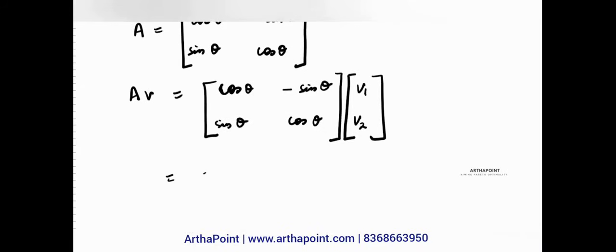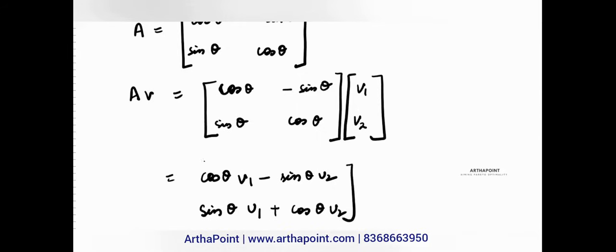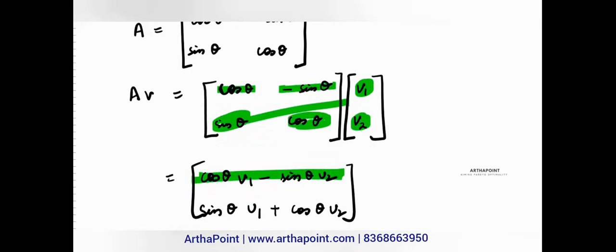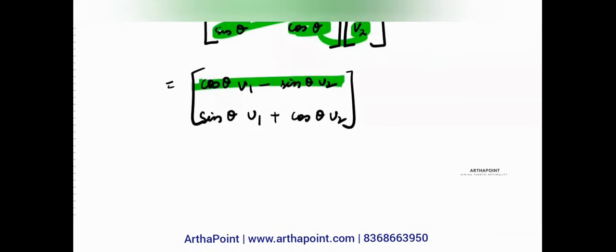So this is going to be cos theta V1 minus sin theta V2, and then it is going to be sin theta V1 plus cos theta V2. Just multiplying. First row into this gives you the first answer. Then sin into this plus this into this. Basic matrix multiplication.